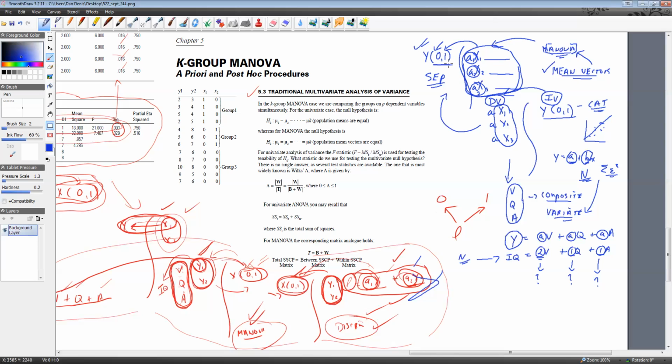Now, when you think about it, that's not all that unlike linear least squares regression. In OLS regression, my Y had a whole bunch of small categories, so many categories that we just said, let's treat it as continuous.